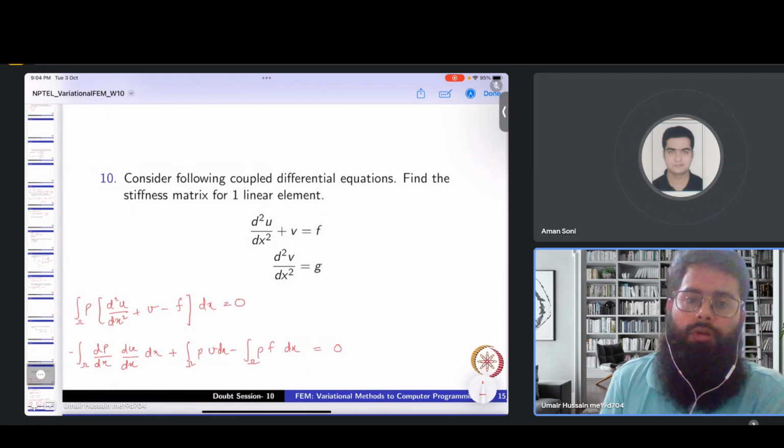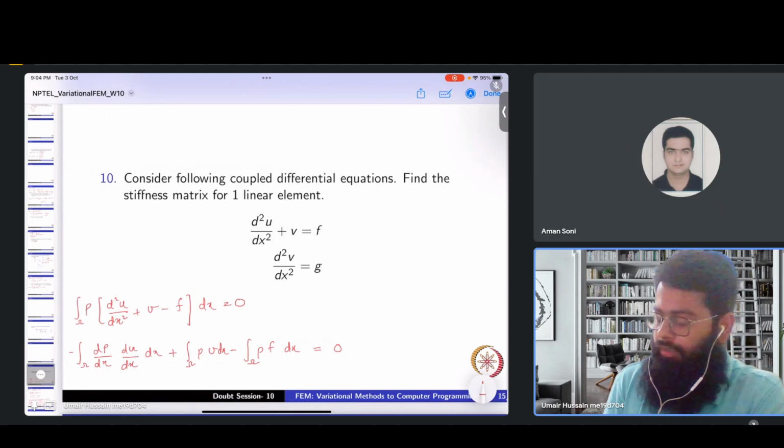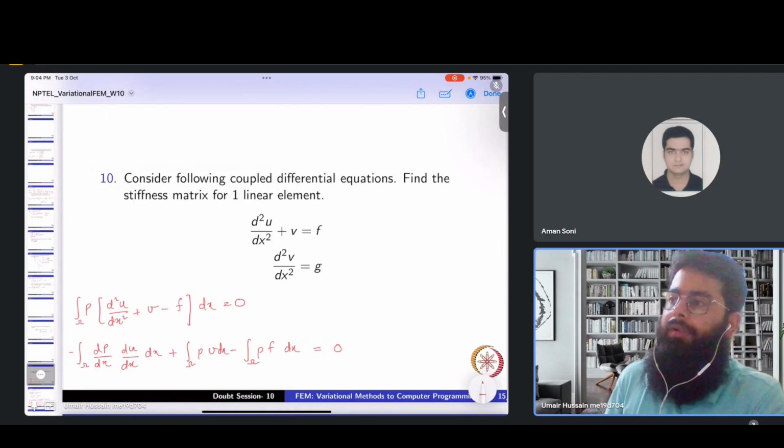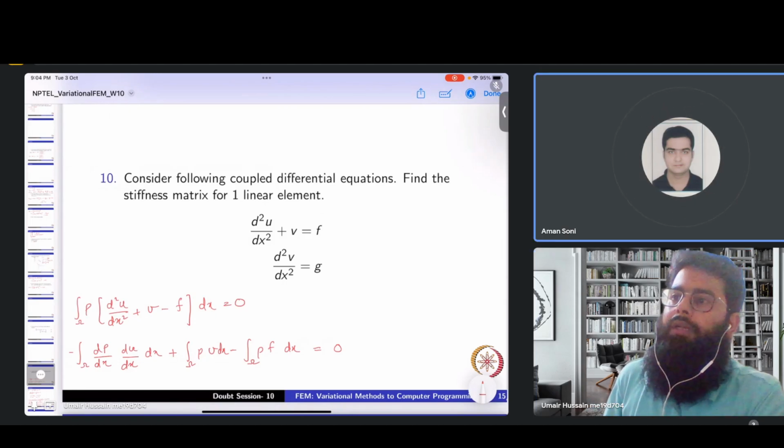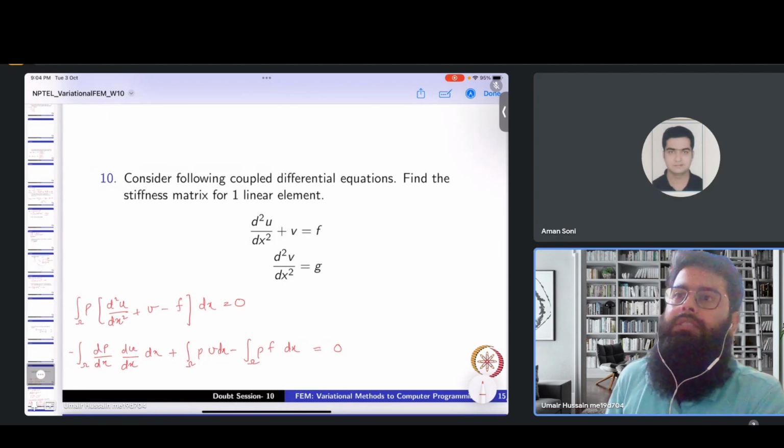There are different approaches for coupled problems actually. One is called the staggered approach, and another one is called the simultaneous approach. In the staggered approach, we evaluate one variable first, and use the value of that to evaluate the other variable. And there's another where we solve the two variables simultaneously.